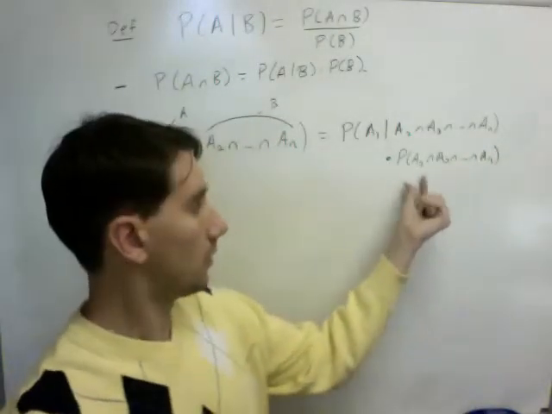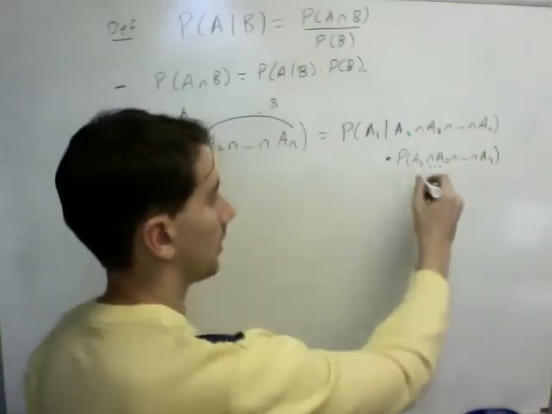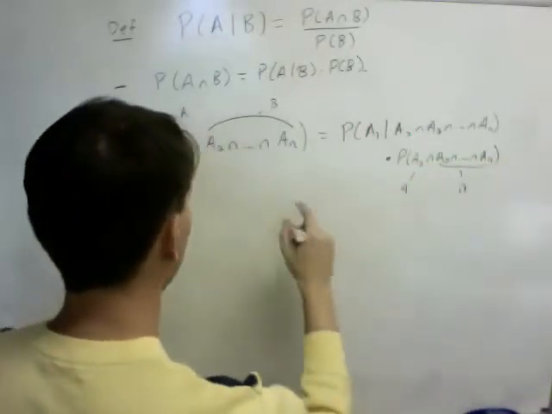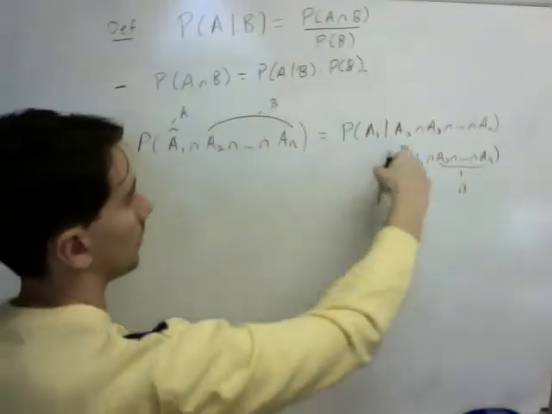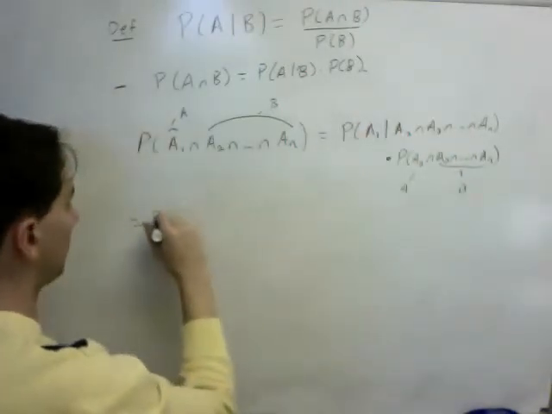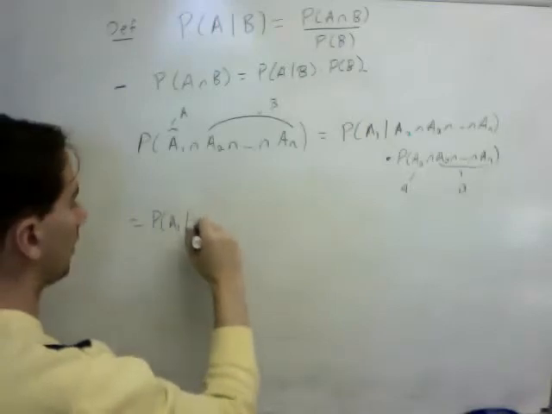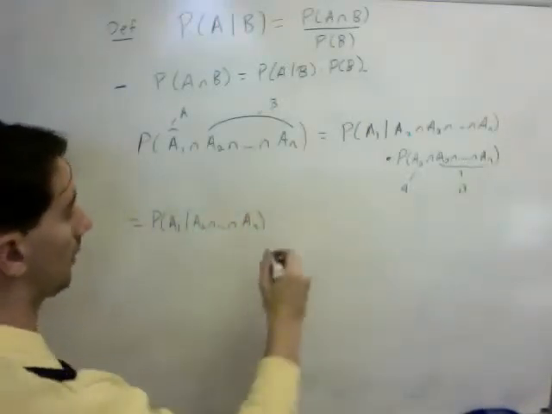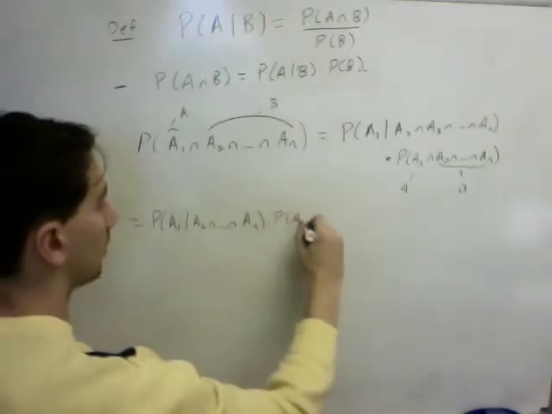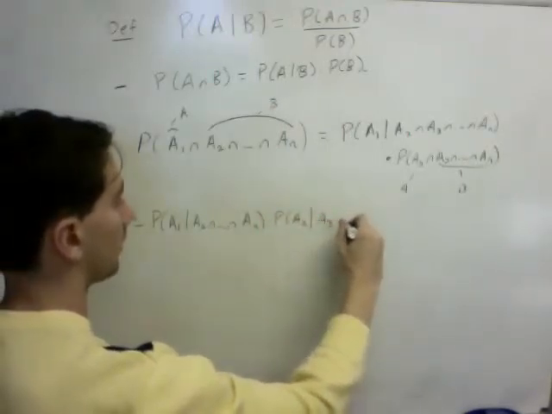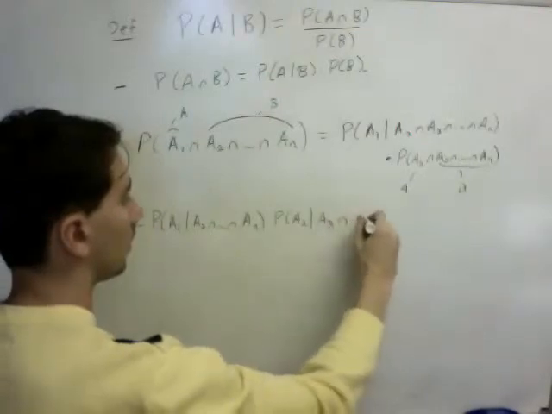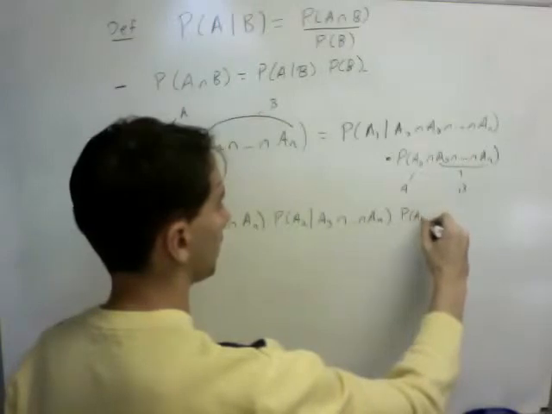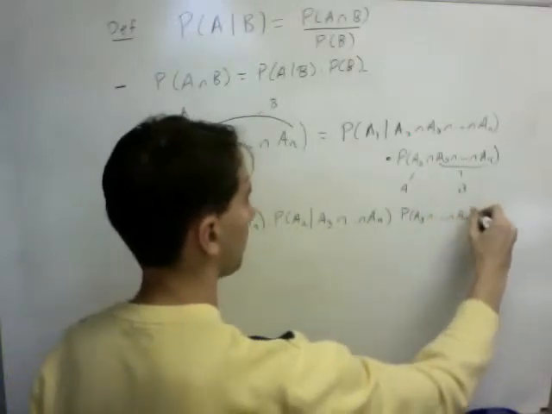But now we still have an intersection of events, so we treat A2 as like our new A, and A3 through AN is like our B. So substituting in again, we didn't do anything to this first piece. So the first piece is just P of A1 given A2 intersects down to AN, and then we multiply times P of A2 given A3 down to AN, and then we multiply times the probability of A3 intersects down to AN.